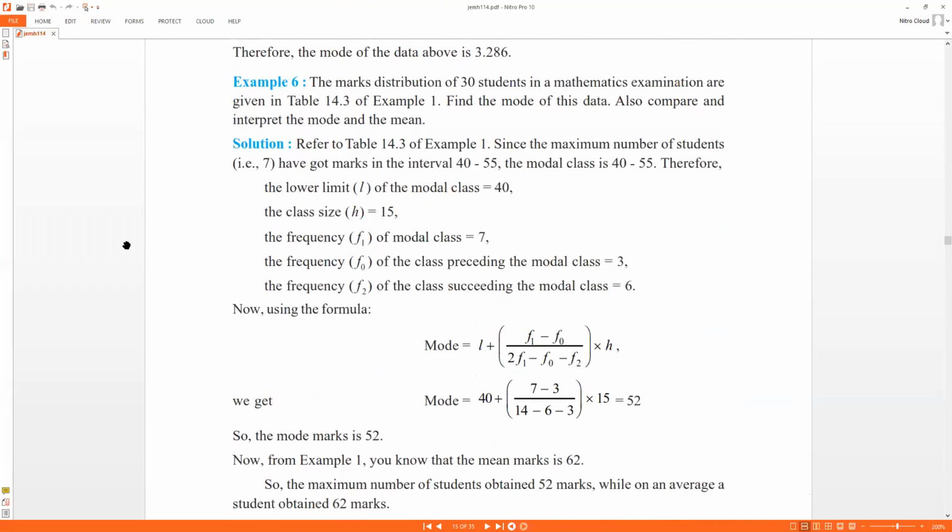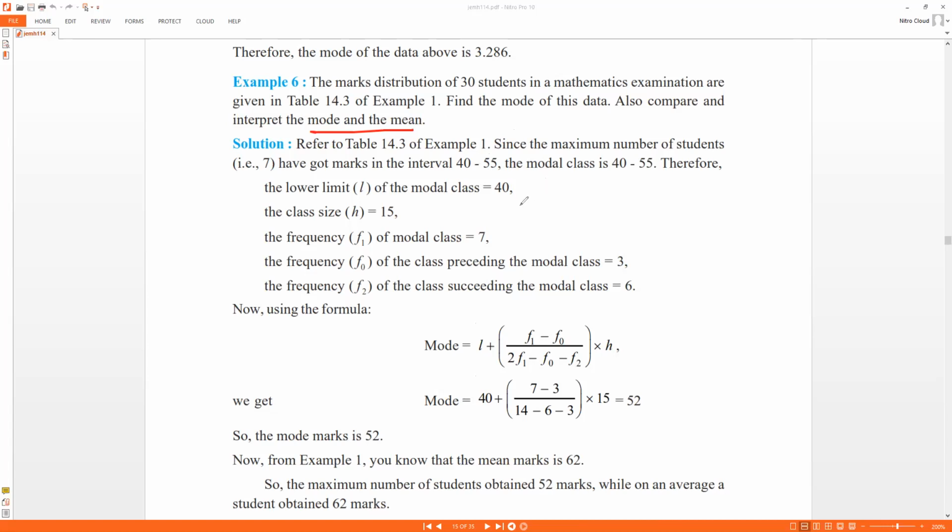The marks distribution of 30 students in a mathematics examination are given in table 14.3 of example 1. Find the mode of this data. Also compare and interpret the mode and the mean. Because we have already calculated the mean, right now we are going to just calculate the mode and then we can compare them.